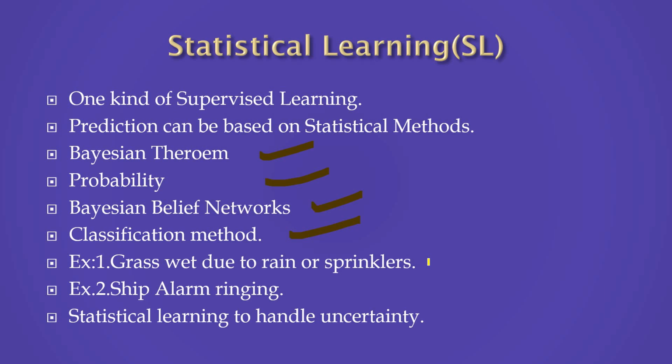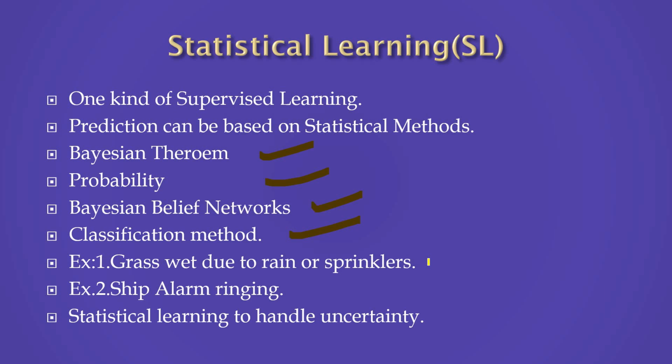The next one is a ship alarm ringing. In a ship, the alarm rings due to two reasons: one is being near an iceberg, and the second is a fire accident within the ship. For iceberg it gives 0.91, and 0.009 is for a fire inside the ship. Which one is considered true? 0.91, that is the iceberg which is very near to the ship. That's why the ship alarm is ringing.